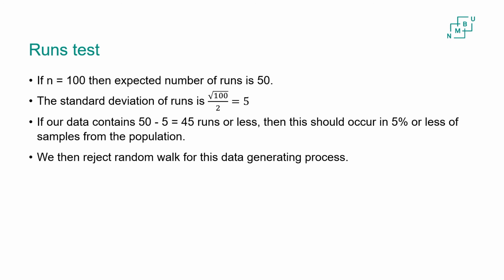And so the lower bound of the confidence interval for the one-sided test is 50 minus the standard deviation, which is 5, gives you 45. So if your data process contains less than 45 runs, then you will reject the random walk for that data.